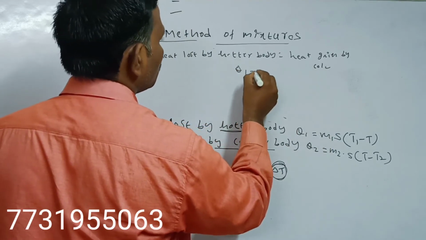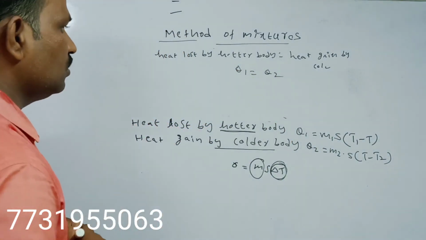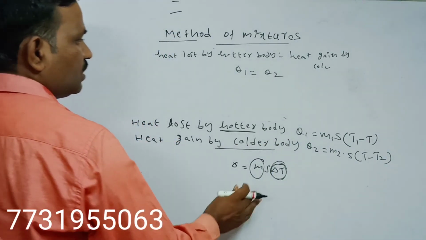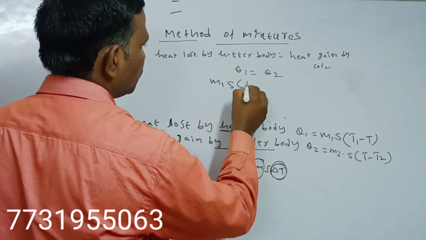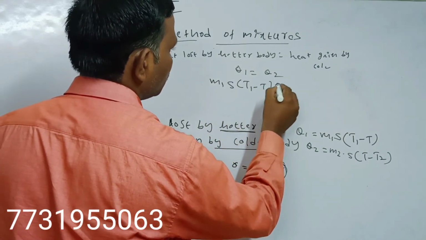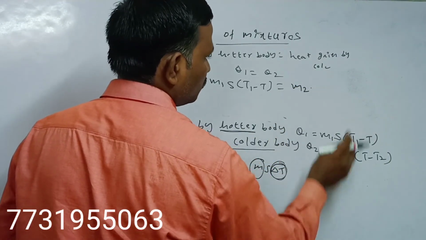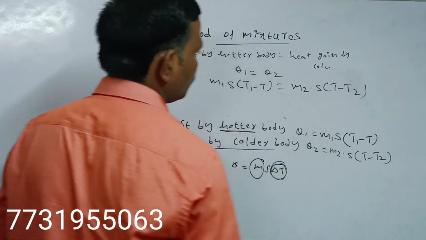That means Q1 is equal to Q2. Q1 is equal to Q2. If you want, you can note this down. Okay. Next, what is Q1? M1 S into (T1 minus T), that is equal to Q2, which is M2 into S (T minus T2).